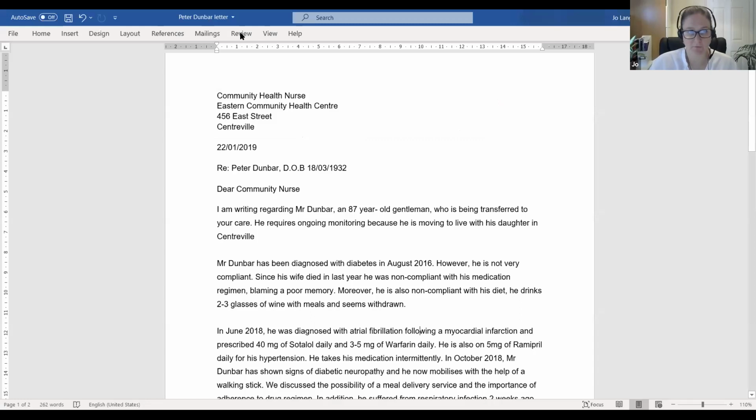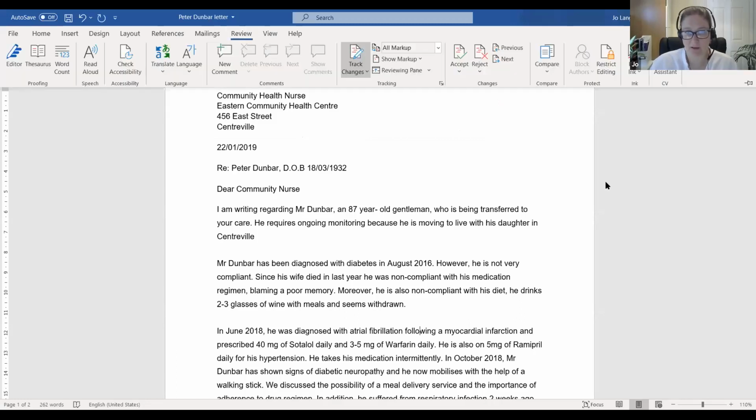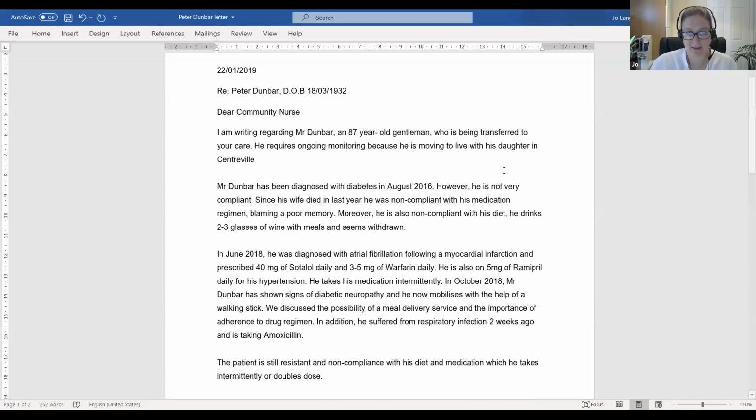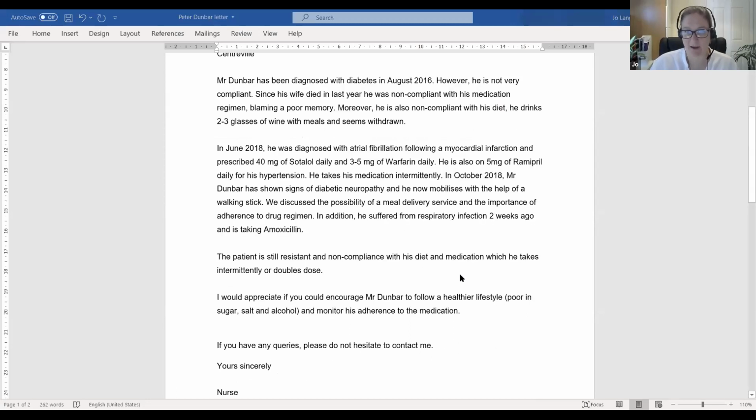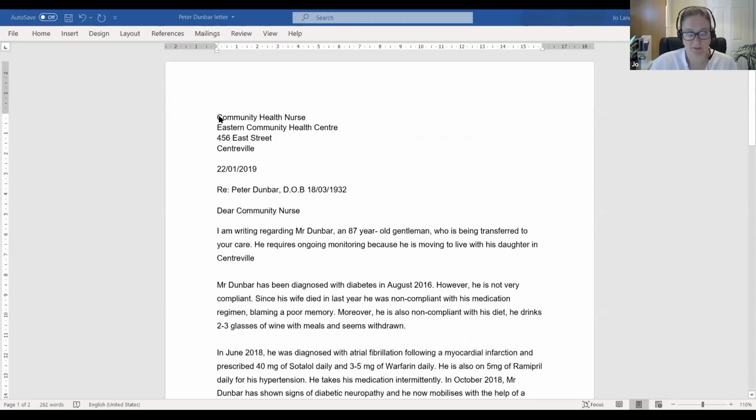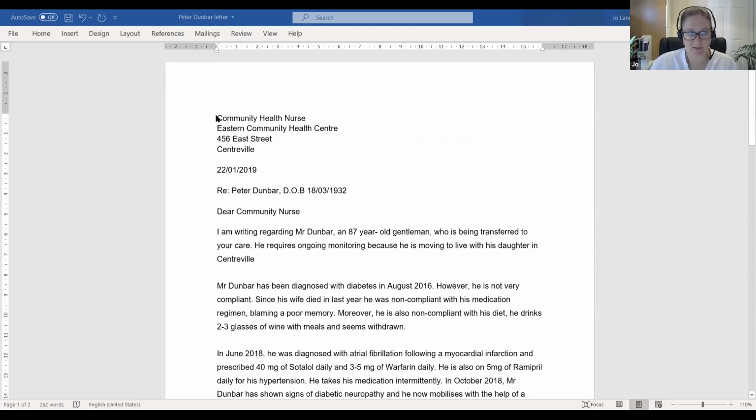So at first glance, it looks well set out. We've got the correct letter layout, the address, and pretty clear paragraphs. The first thing to notice is that the address and the date and the reference are all appropriate.